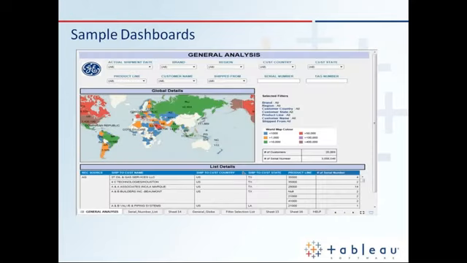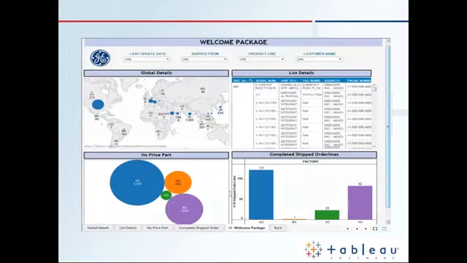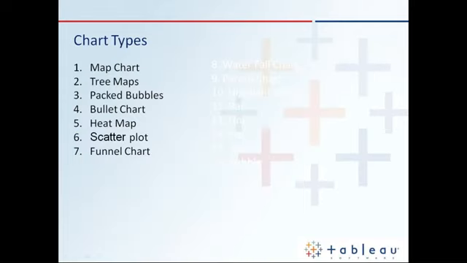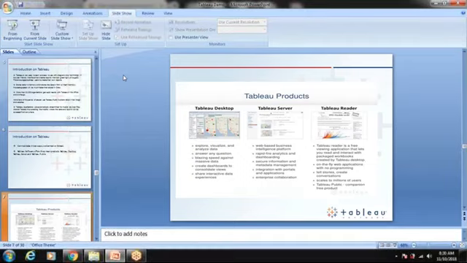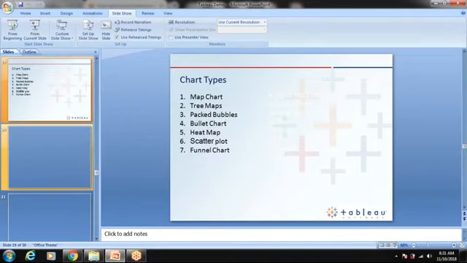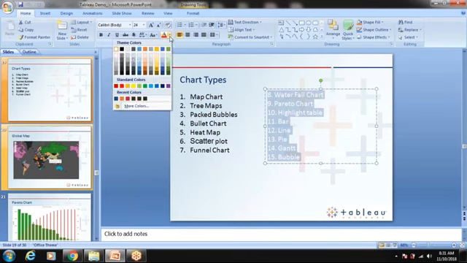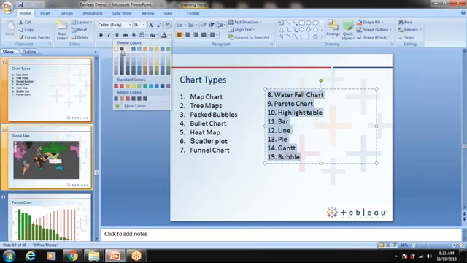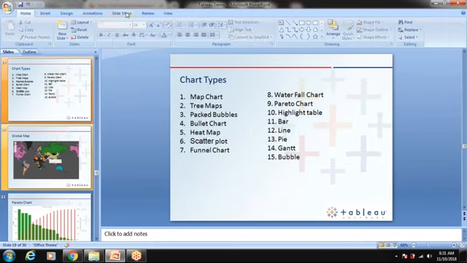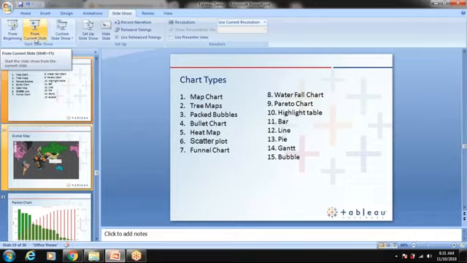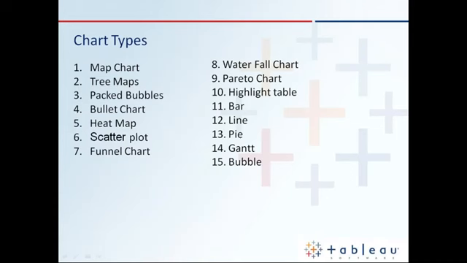Okay, this is the sample dashboard which I already showed you. What are the different types of charts? We have multiple charts over here: map charts, tree maps, tapped bubble, bullet chart, heat map, scatter plot, funnel chart, waterfall chart.